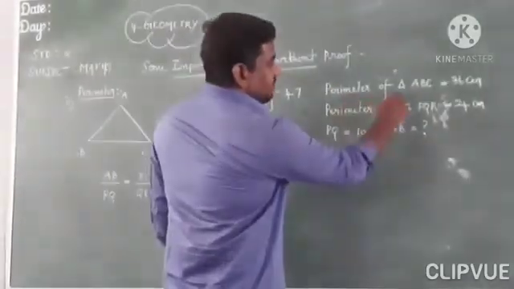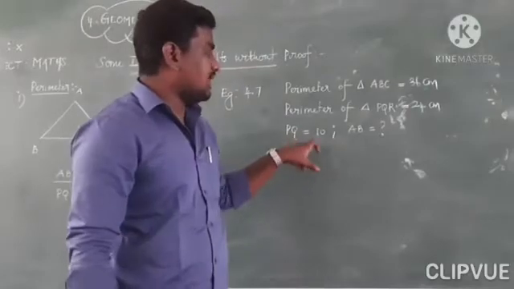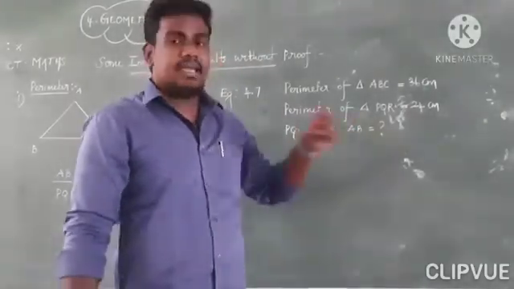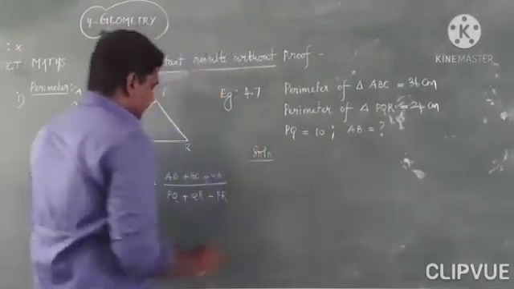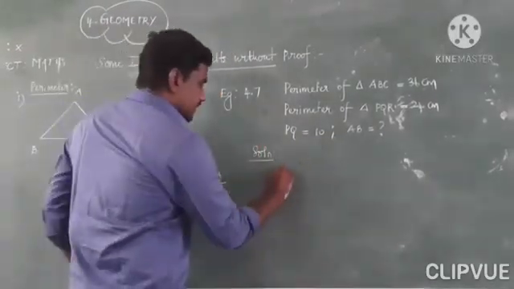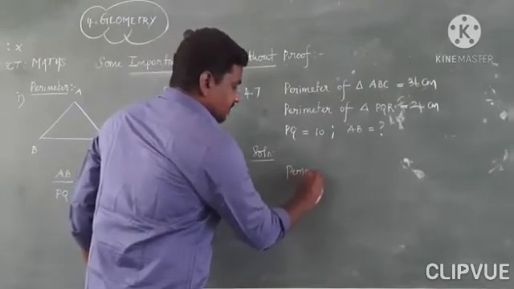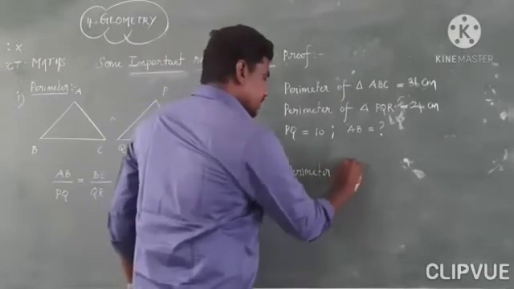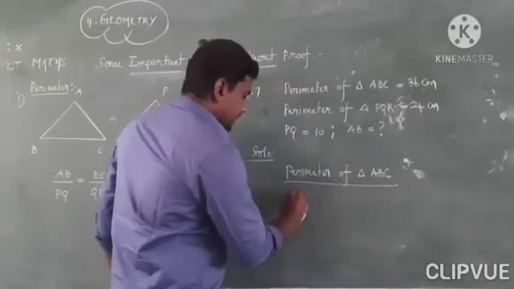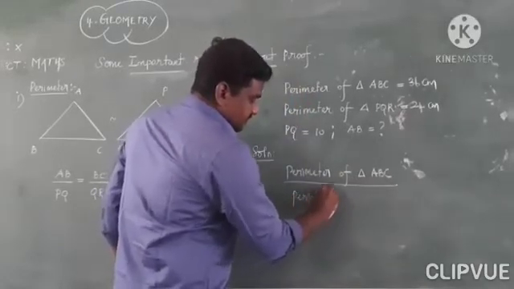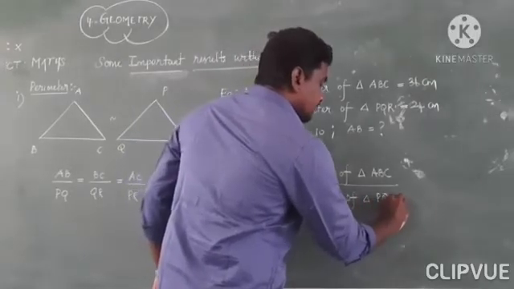Okay, so now I can take this result. First, the perimeters of triangle ABC as well as PQR are given. Then one of the sides, PQ, is equal to 10 cm. We are going to find AB. So solution. Perimeter of triangle ABC divided by perimeter of triangle PQR.